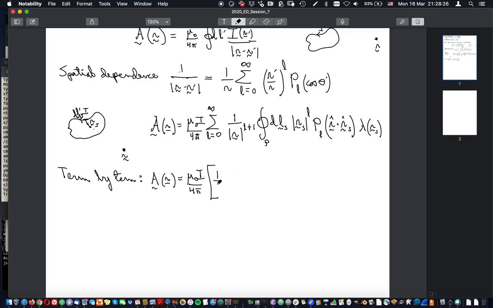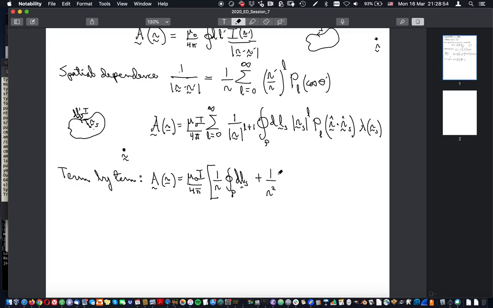So the first one is just 1 over r, and I've got the integral over the path of the displacement along the path, so dl_s like this. The second term, I've got 1 over r squared. Here r is just the modulus of r, I just simplified the notation a little bit.